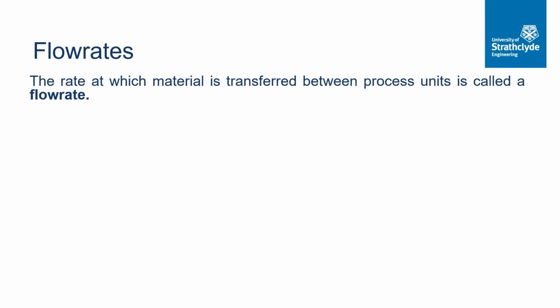So for mass flow rate, we would denote this as m dot, instead of m, and the units we could give, for example, are tons per hour. It could be kilograms per second, but the key thing to note here is that it is mass divided by unit time.